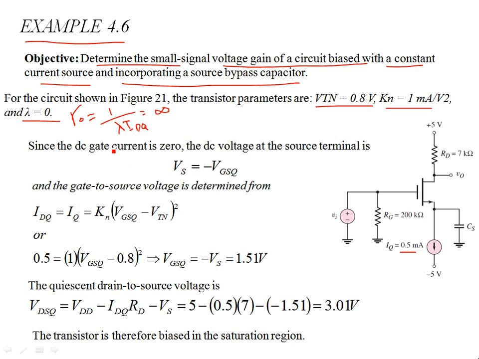Now since we don't assume any gate current inside the NMOS device, IG is 0. So the DC voltage at the source terminal is given as VSS minus VGS. This can be written as VG minus VS, and you can see the configuration is as such.